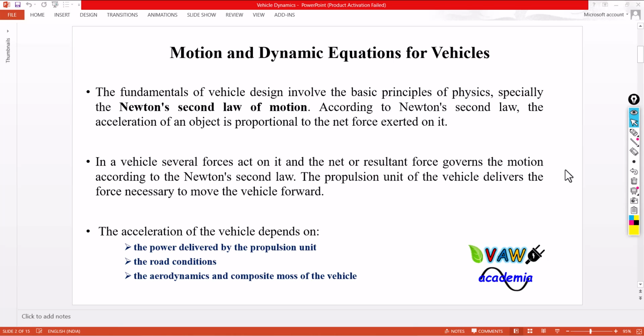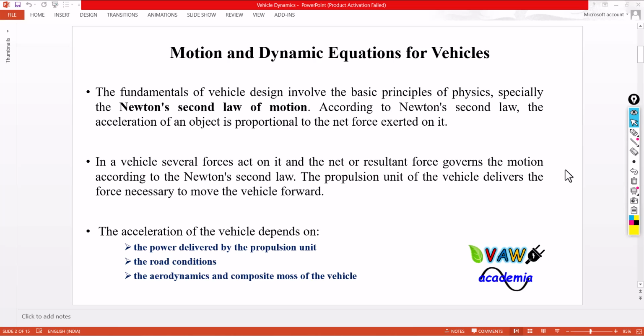According to Newton's second law, the acceleration of an object is proportional to the net force exerted on it. In a vehicle, several forces act on it, and the net or resultant force governs the motion of the vehicle.